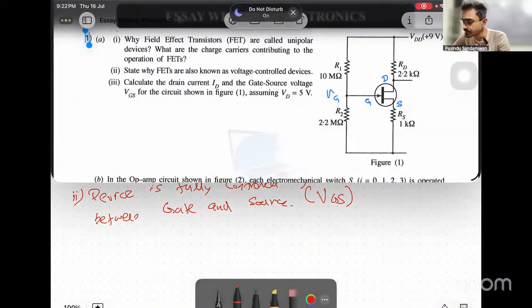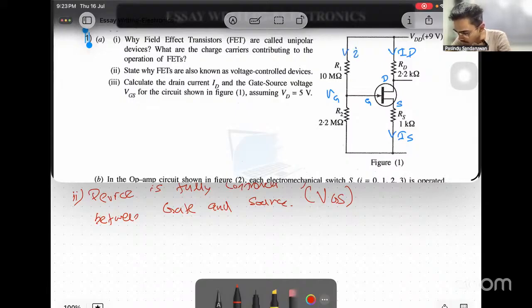If I mark the currents, ID flows downward, and IS is downward. Since it's a voltage divider configuration, or voltage divider circuit.